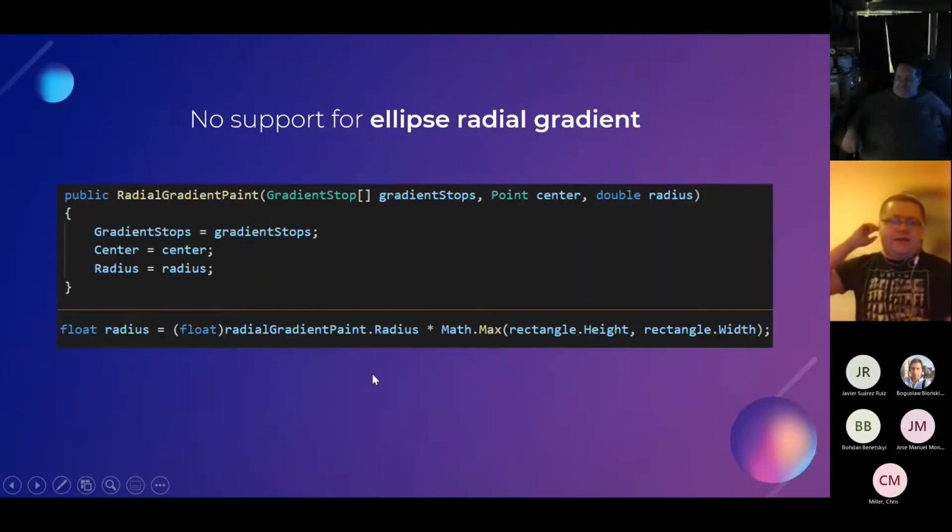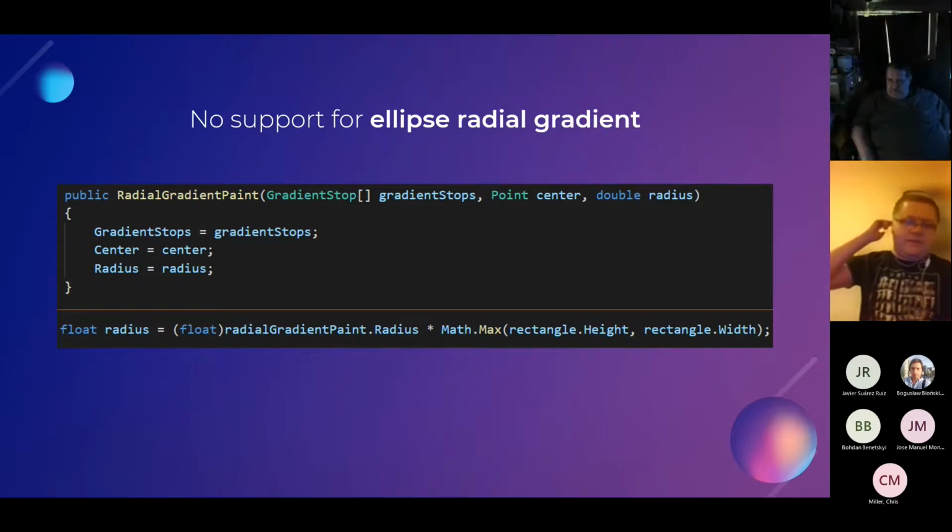Okay, and the next things that I show you here are strongly related to gradients, and they basically haven't implemented it yet, or only in a more basic kind, in the Microsoft Maui Graphics. So at the moment, to draw a radial gradient, we can only specify a single radius, which basically allows us to draw a circle.